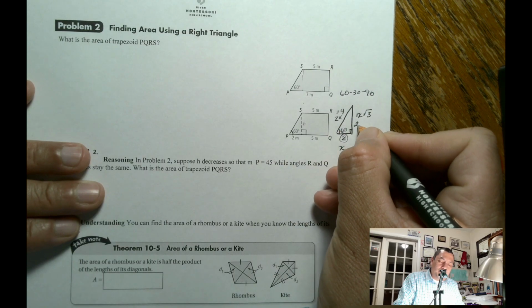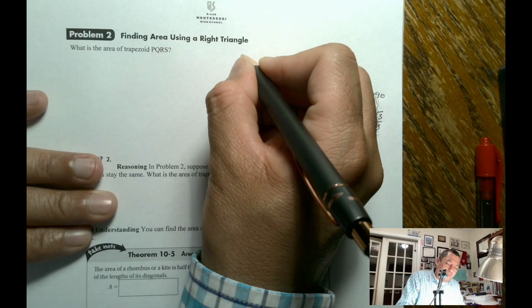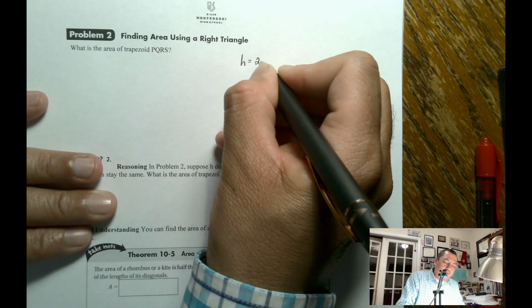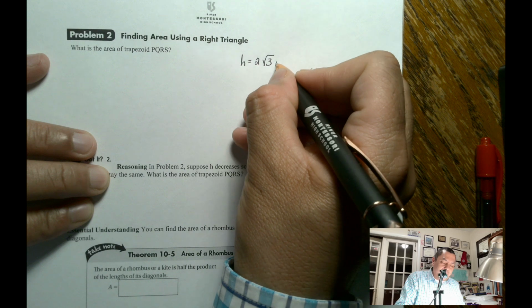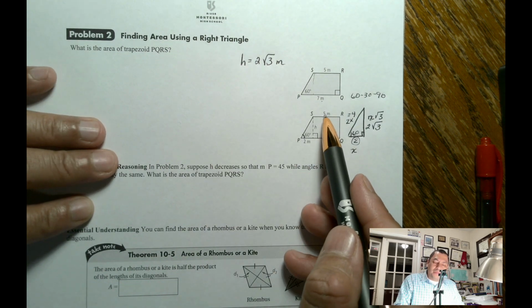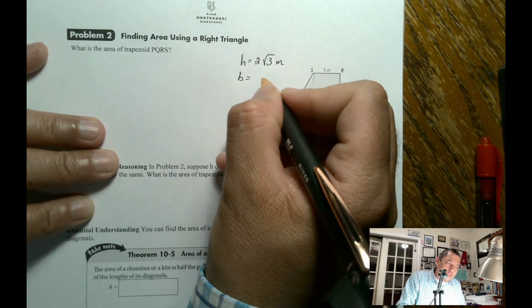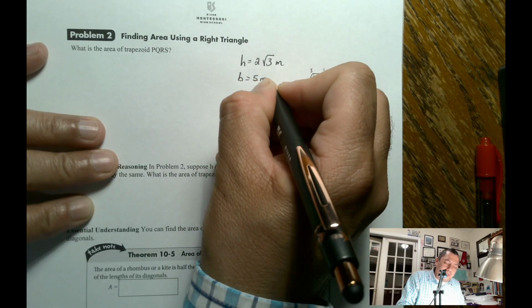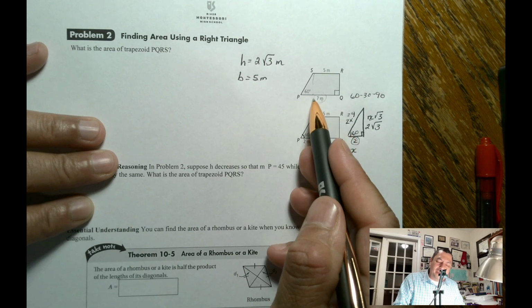And this one is 2 square root of 3. So my height for this problem is 2 square root of 3, and remember that the units are meters. Then we can say base 1 equals 5 meters. And base 2, I need to be careful. This is 5, right? This is 7.